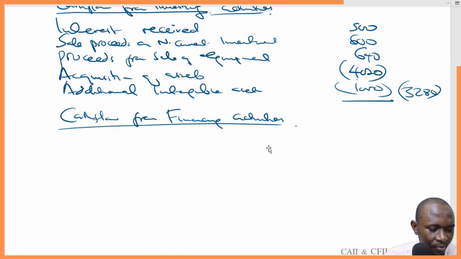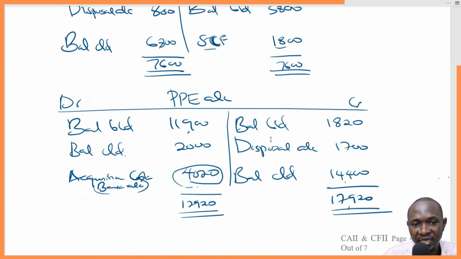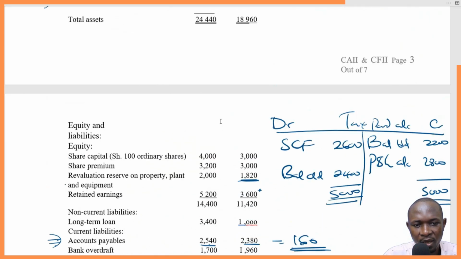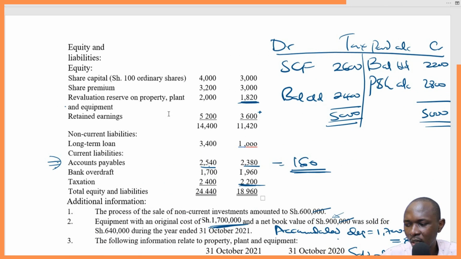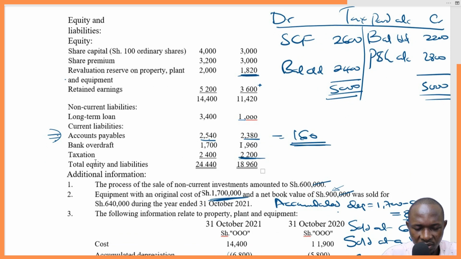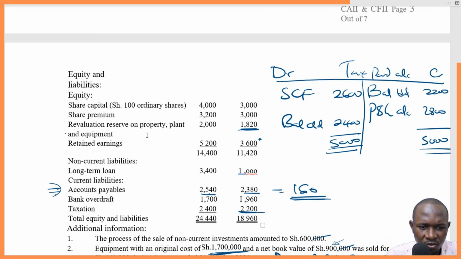So, the financing part of it, here we don't have much. We simply go to the finance section. Where are we? Long-term loan and current, long-term current liabilities. So for finance, you expect to get most of the items here.